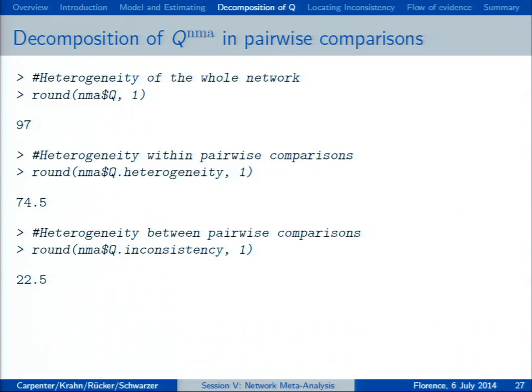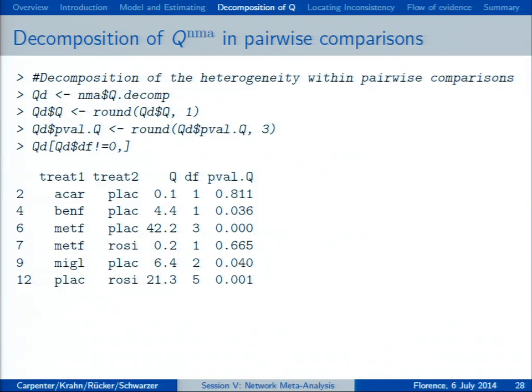If we use $Q, we obtain the Q statistic for the whole network, Q.heterogeneity, the Q statistic for the heterogeneity within pairwise comparisons, and by Q.inconsistency, the Q statistic for heterogeneity between pairwise comparisons, and also a decomposition of the Q statistic for the heterogeneity within comparisons, decomposed for each comparison.